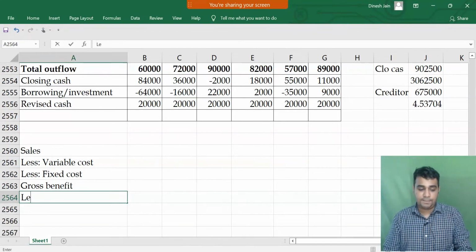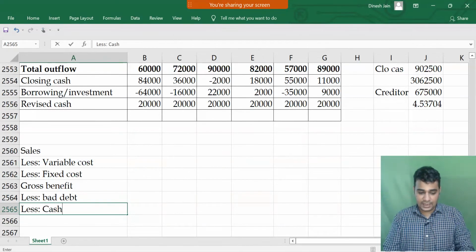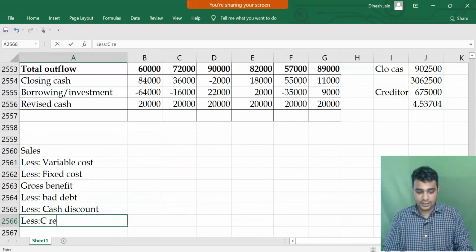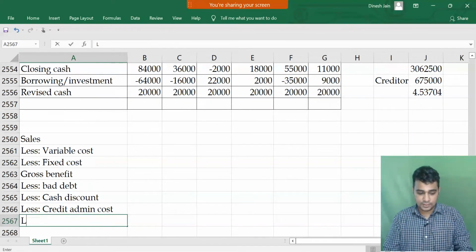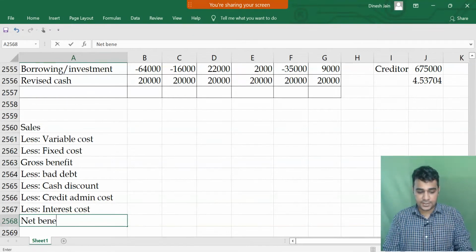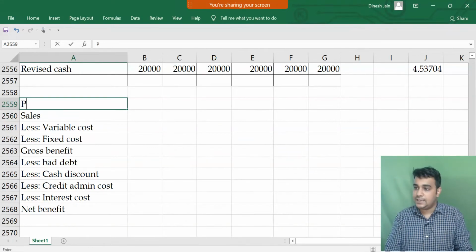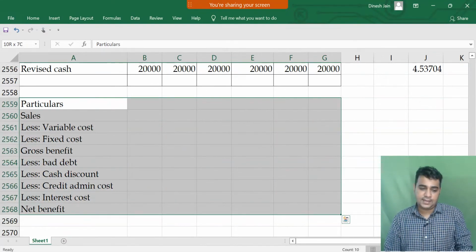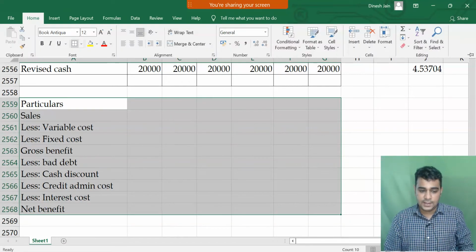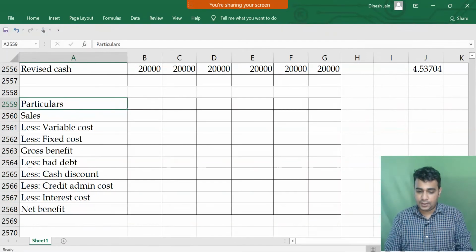After this, a company can have bad debt, cash discount, credit admin cost, interest cost and net benefit. I don't see anything beyond this being there in any of the questions, but if there is we'll see, but mostly this is what you are going to do in every question. This is the format we will put in.